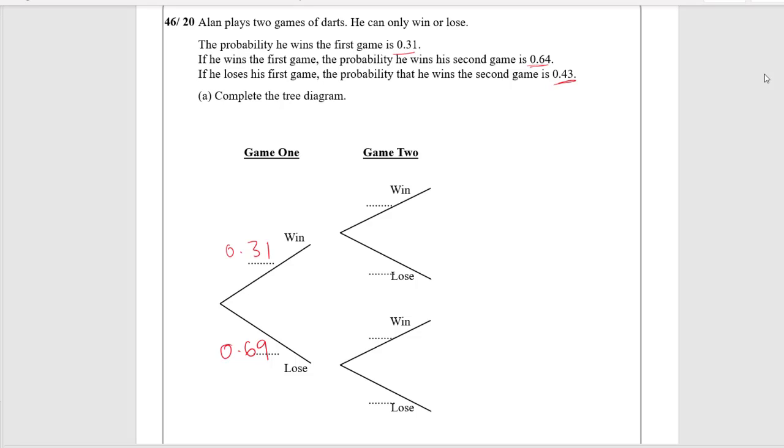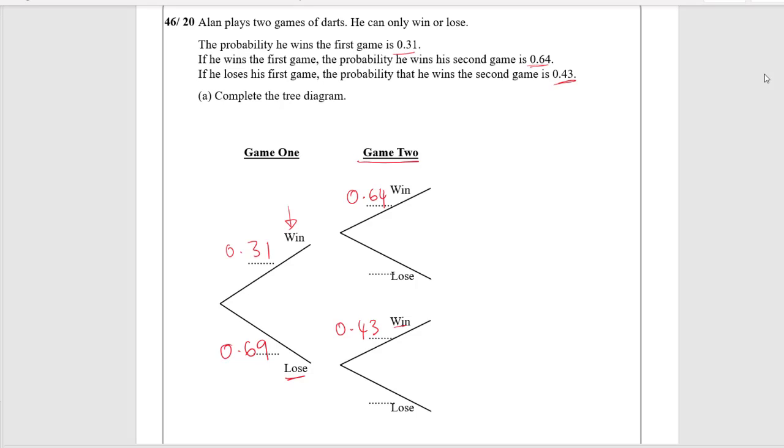So if he wins the first game, so we're looking at here, the probability he wins the second game is 0.64. So win, 0.64. If he loses his first game, the probability he wins the second game is 0.43. So let's write it and win, 0.43.